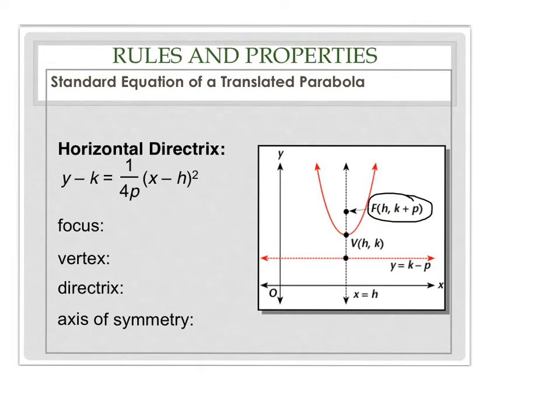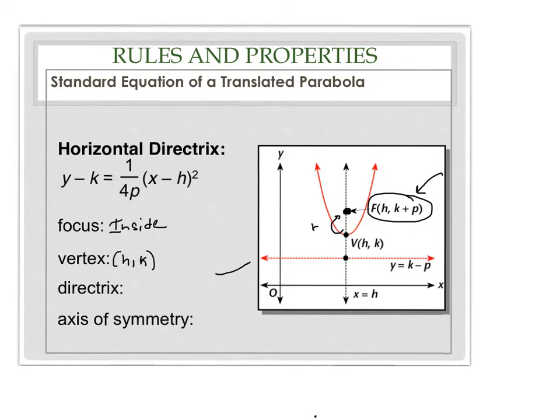The idea here is we're just going to have one point, and it's inside the shape. Don't worry too much, but basically what this means is that if the focus is moving up from the vertex, we just add to our y's. The vertex is this guy right here, and our vertex is still going to be h and k.